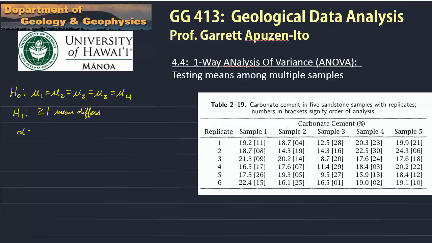Equivalently, if we describe the mean of population I, mu I, as equal to the mean of the whole of all 5 populations, plus a difference, alpha sub I, and yeah, we have 5 populations.